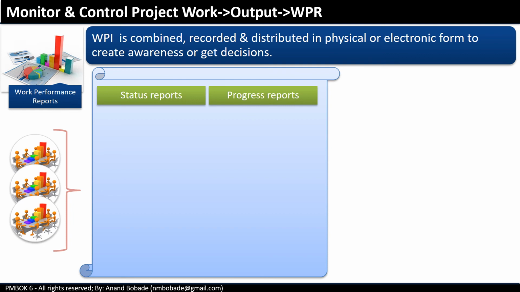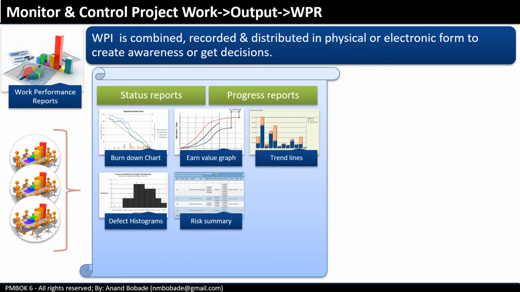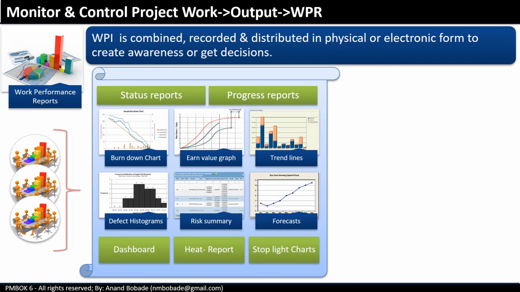A report can contain, of course, a lot of information, but often in visual, graphical form. It might be burn down charts, earned value graphs, trend lines, defect histograms, risk summary reports, or forecasts. They can be presented as a dashboard, heat reports, or stoplight chart.